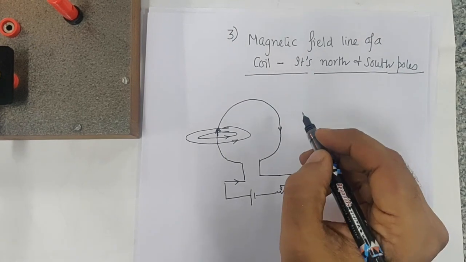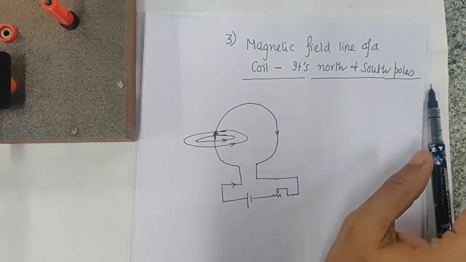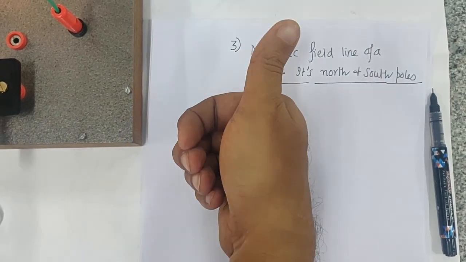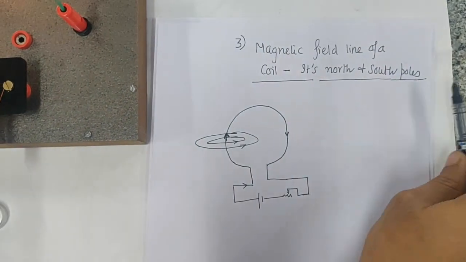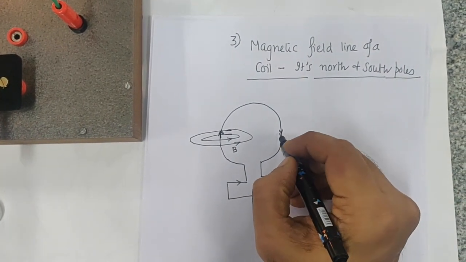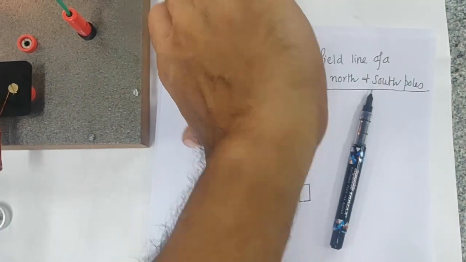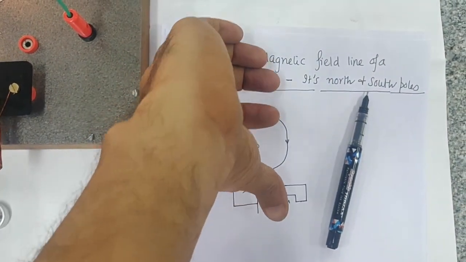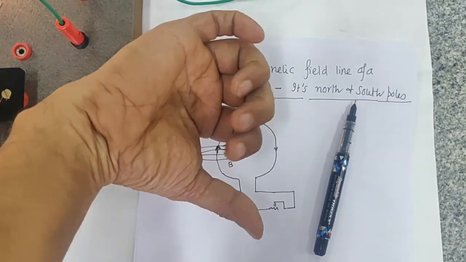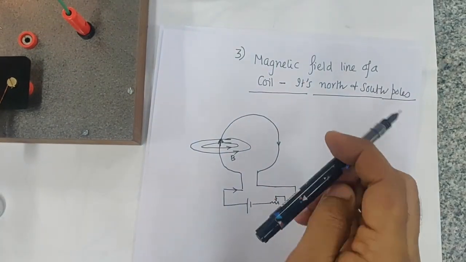You can find the direction by the right hand thumb rule: you keep your thumb in the direction of the current and the fingers curl in the direction of the magnetic field, which is this B. Here the thumb is in the downward direction, the direction of the current, and the fingers represent the direction of B.